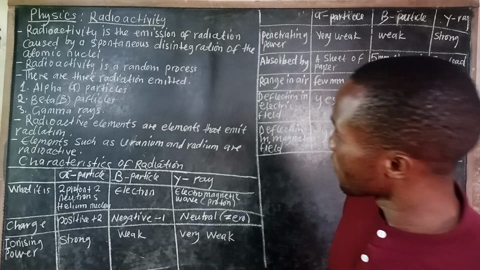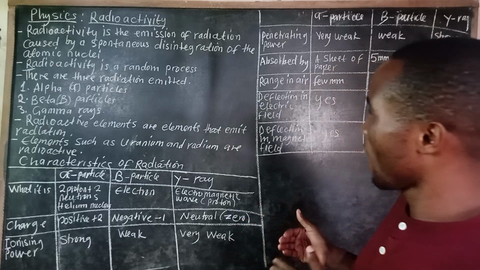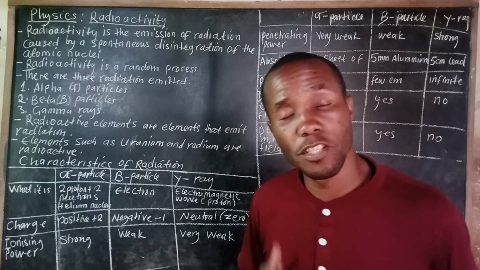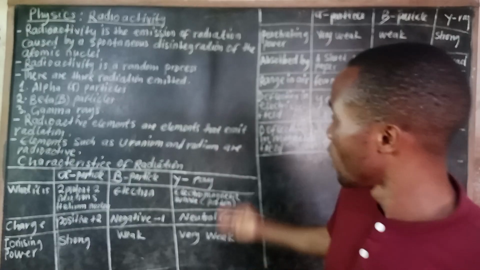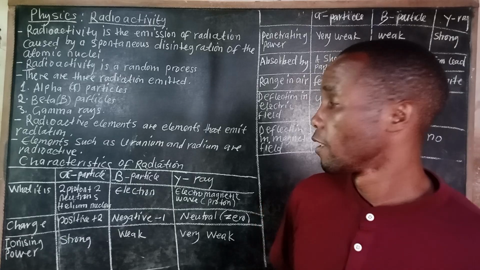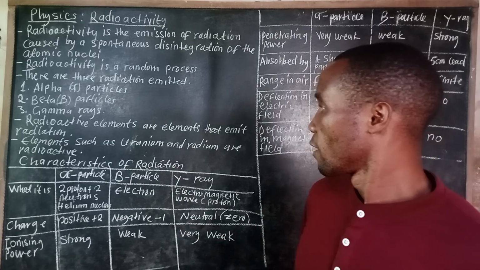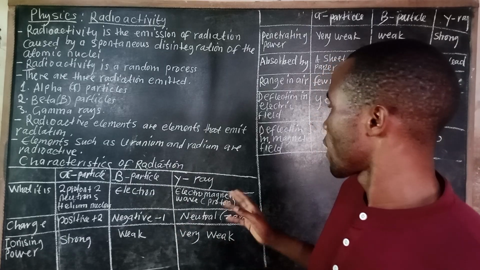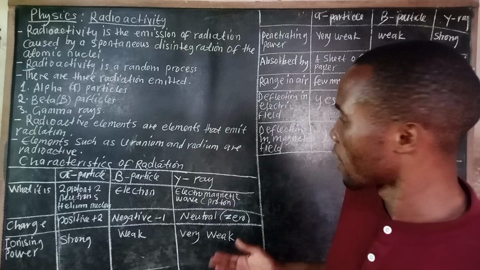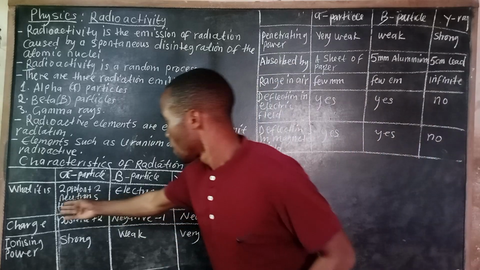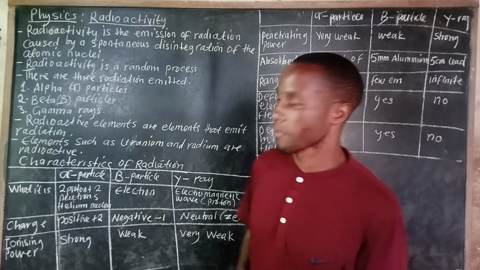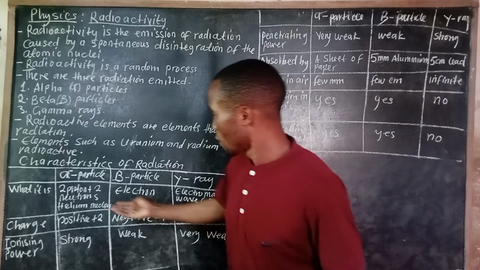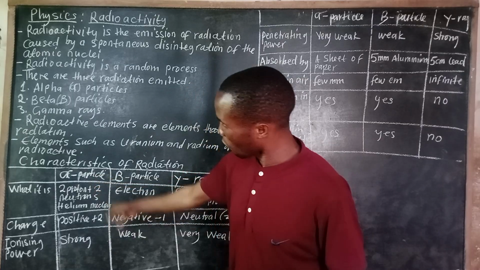From there now we are going to look at the table which shows the characteristics of radiation. The first column is for the alpha particle.